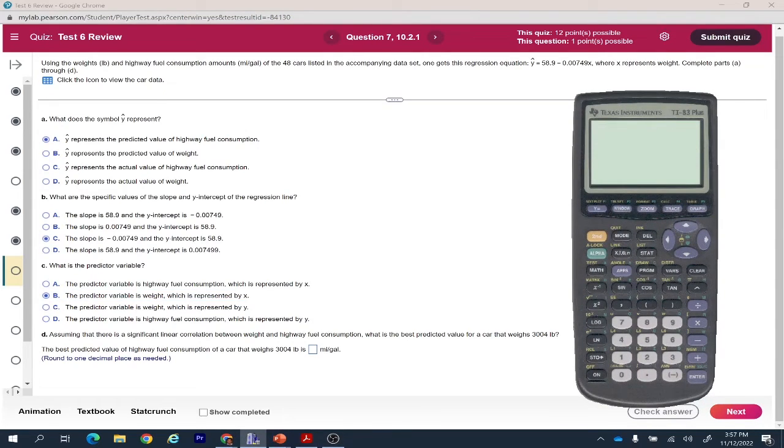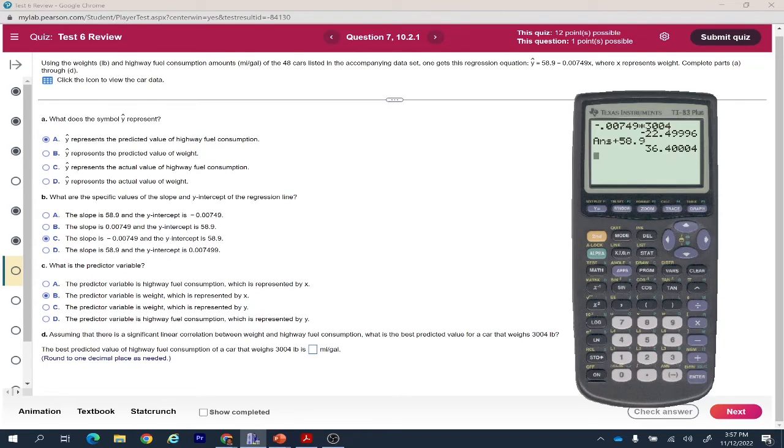Let's say 3004 times this slope, negative 0.00749, hit enter, plus the intercept 58.9, so you just add that.